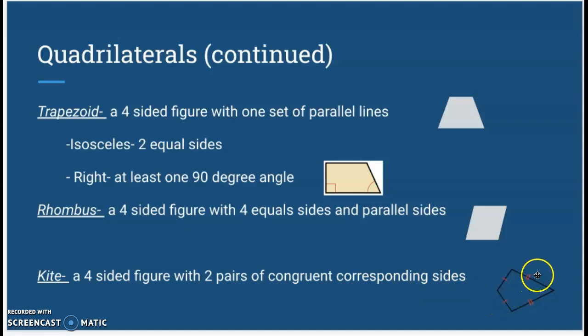So it's not the opposite side, so it's not this one and this one. It's the ones that are directly next to each other that are congruent. They are equal. So if you think about a kite, you have the two small sides that are the same at the top and the two big sides that are the same at the bottom. That's essentially what a kite is. No right angles, no parallel lines.